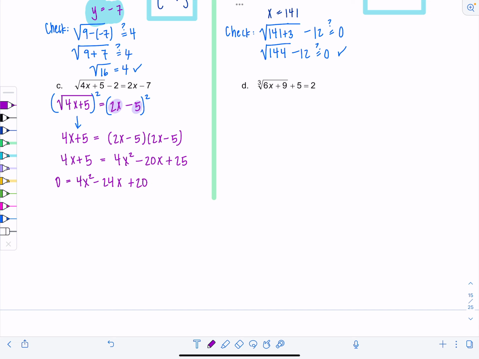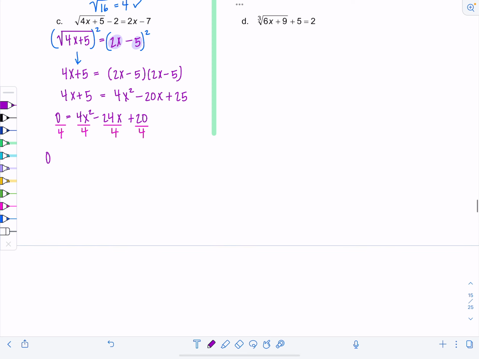And before I try to factor, everything divides by 4, doesn't it? Oh, how fabulous. So 0 divided by anything except 0 is 0, so that's good. And then we'll have x squared minus 6x plus 5. Can you factor that? Your factoring is so nice.